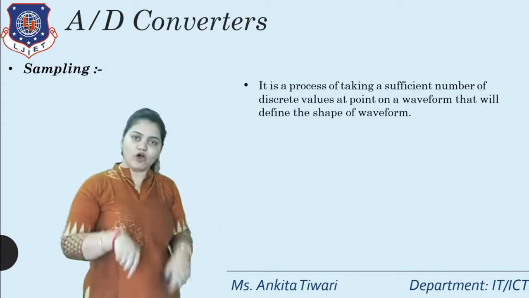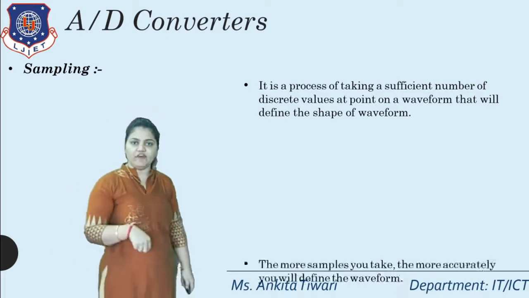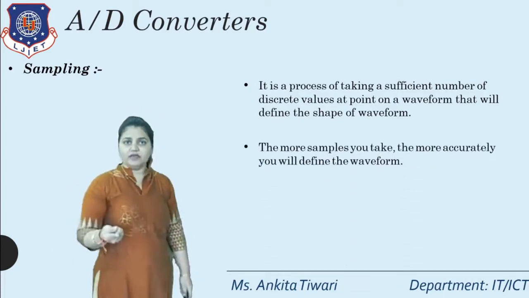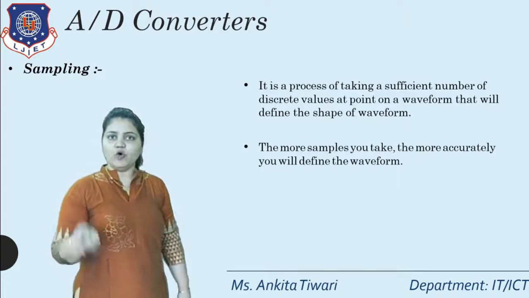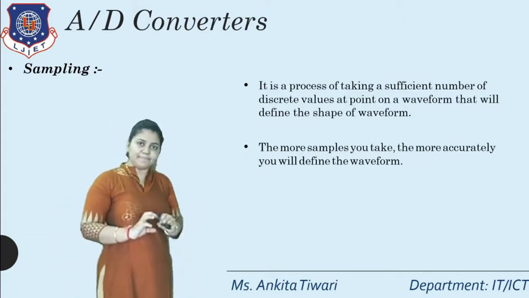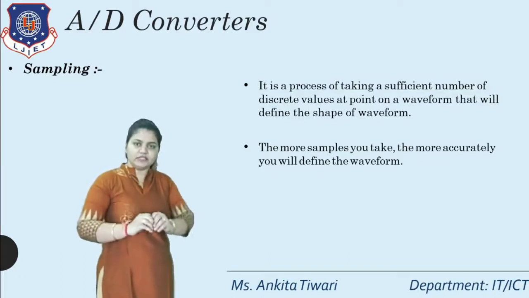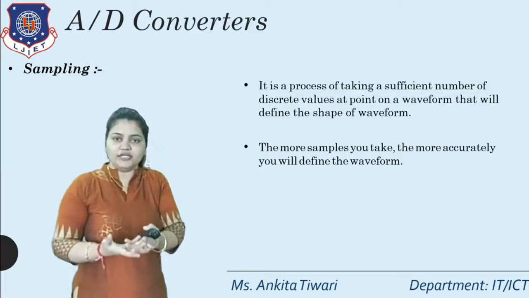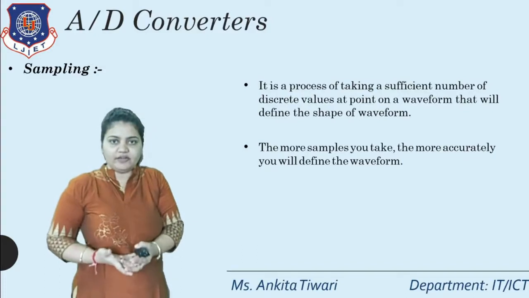Now when the form is defined, the more samples you take, the more accurately you will define the waveform. So the more sampling is done, the more accurate the digital format that we want from analog will be.